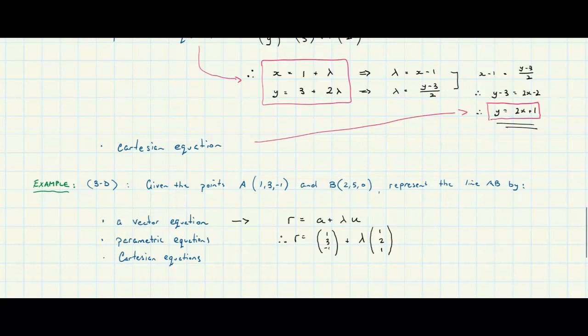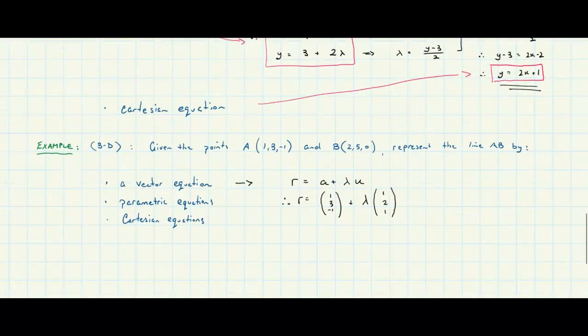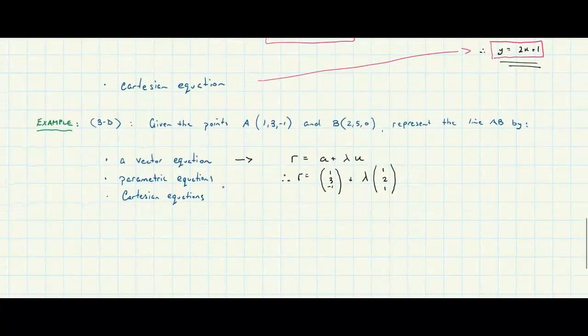So there we have our vector equation. Now we want the parametric equations, which lead from the vector format by just replacing r with x, y, and z.